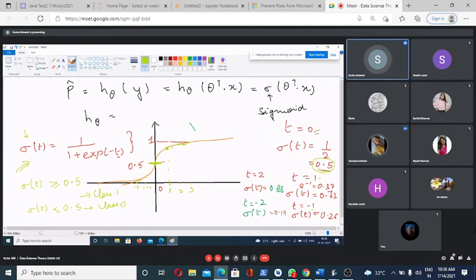So basically, this function is called the sigmoid function, that is actually defining the rule that no matter whatever amount of function is there, if it is greater than 0.5, it is having a positive value.